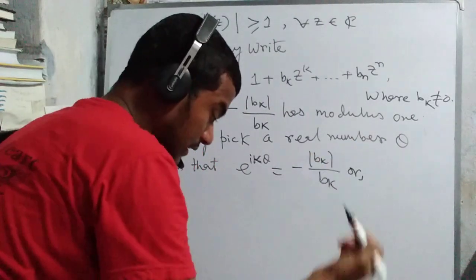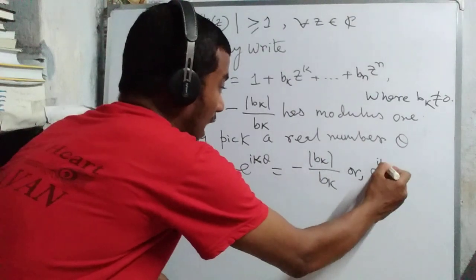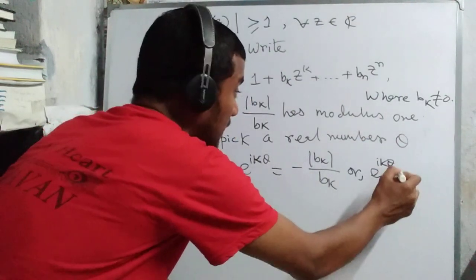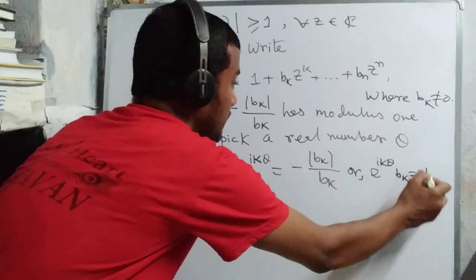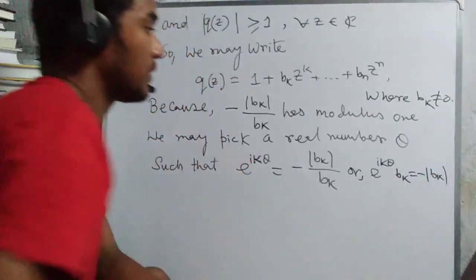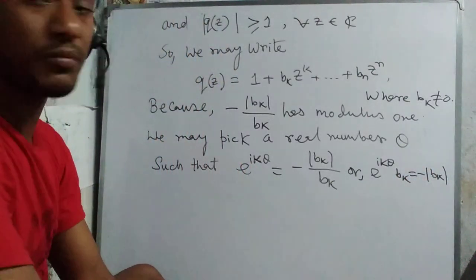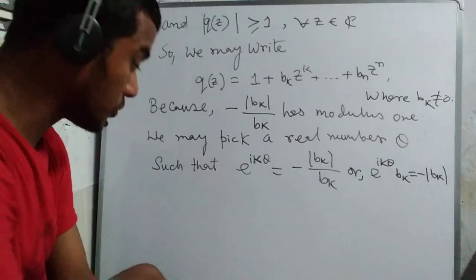Or we write it this way: e^(ikθ) b_k equals minus modulus of b_k. Understood?